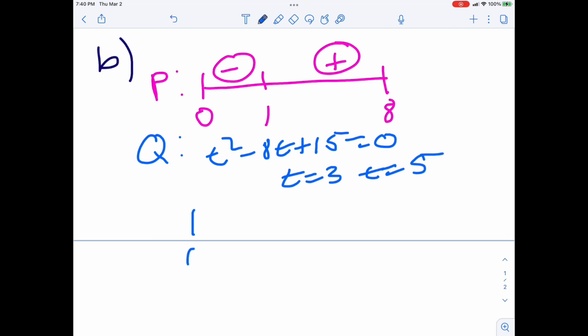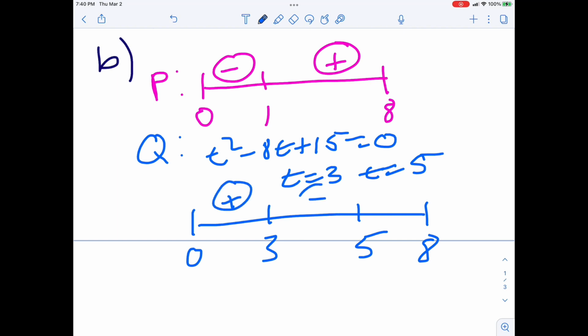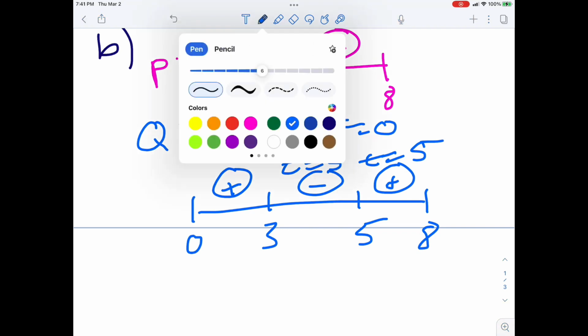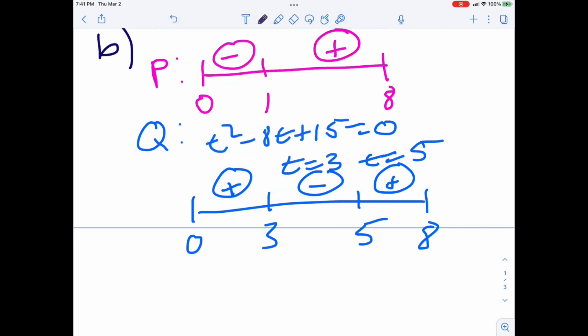So let's put this on our sign chart. We have 0 to 8, and then 3 and 5, and this is a parabola that opens up, so that makes our sign chart easy: positive, negative, positive. Now we can look at where these values overlap, and therefore get our answer of when they're moving in the same direction.